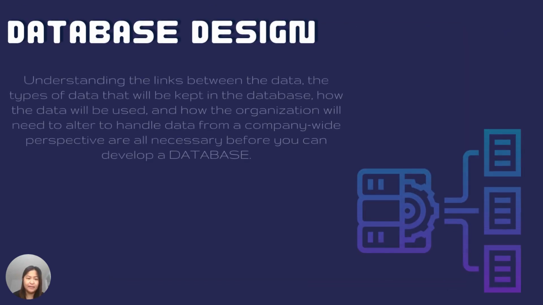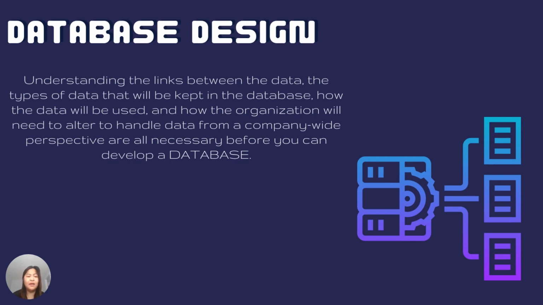Database design. Understanding the links between the data, the types of data that will be kept in the database, how the data will be used, and how the organization will need to alter how it handles data from a company wide perspective are all necessary before you can develop a database.